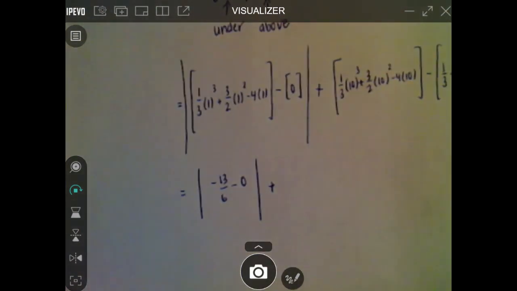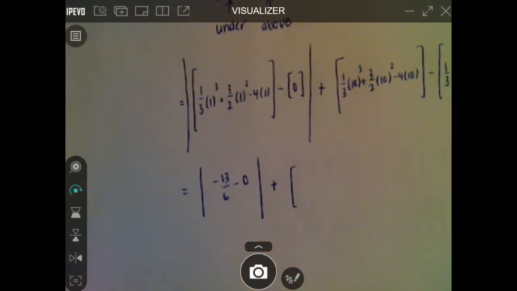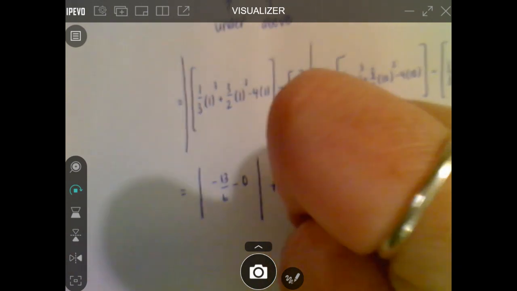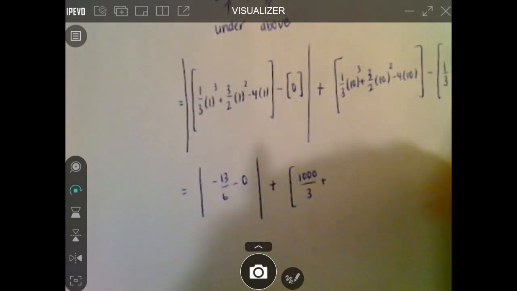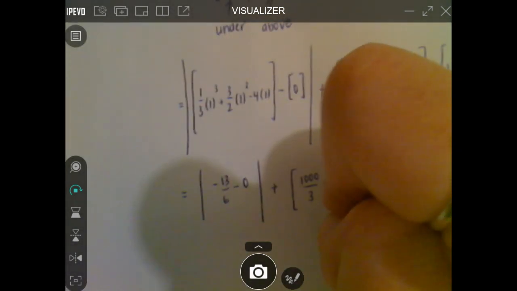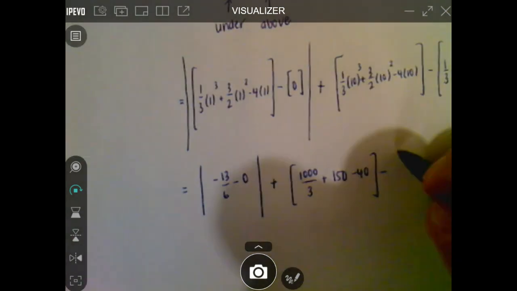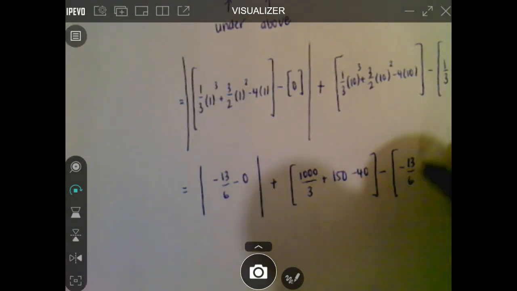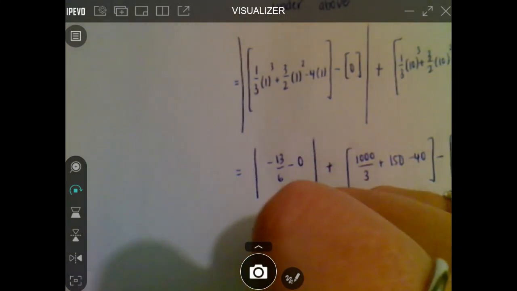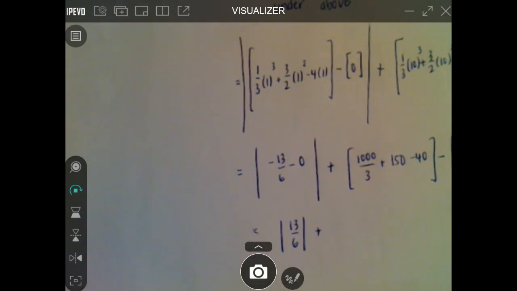And then I'm going to evaluate my 1 at 10 next. So it looks like this is going to be 1,000 thirds. Let's see, 10 squared, 100 times 3 divided by 2 looks like it's going to be 150. And then minus 40. And again, I'm subtracting. This, I think, is negative 13 over 6. So it's going to give me the absolute value of 13 over 6. Plus, let's see, 1,000 thirds plus 150 minus 40.